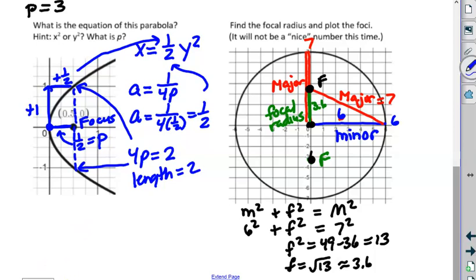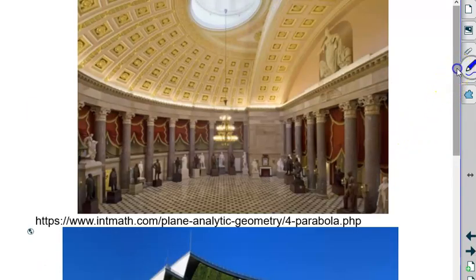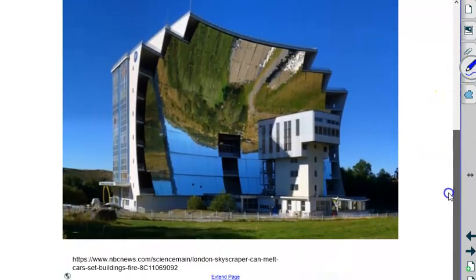One more fun fact, or a couple more fun facts, about the focus of a parabola. This is a giant electric producing plant. It's a giant mirrored surface on the top of a mountain in the Pyrenees Mountains between France and Spain, and it gets a ton of sunlight.